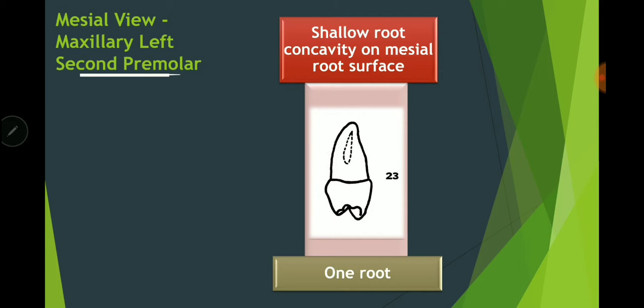The maxillary first premolars, the common one, have two roots, and the maxillary second premolars, the most common type is one root. Okay, and you can appreciate a root concavity on the mesial surface. Sorry.